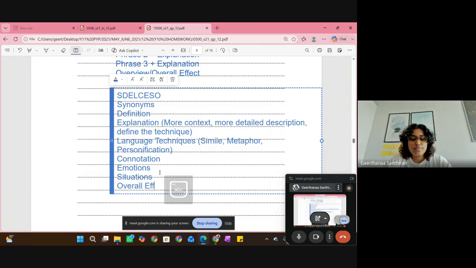So just remember that after you've talked about your 3 phrases, you have to give me one sentence about the full paragraph. Like, what does the writer want us to feel about the full paragraph? Okay. So that's your reminder. That's your revision, your refresh here.